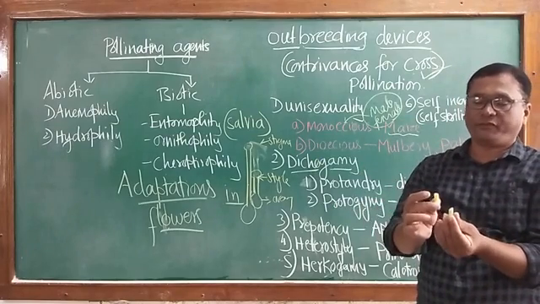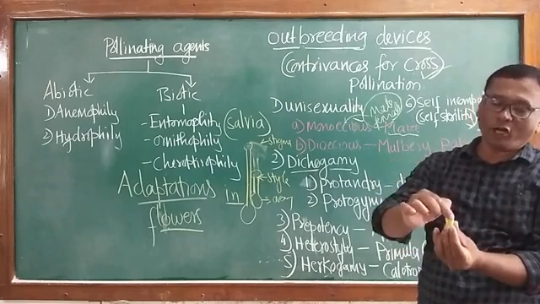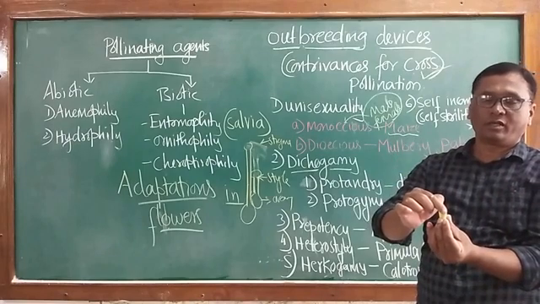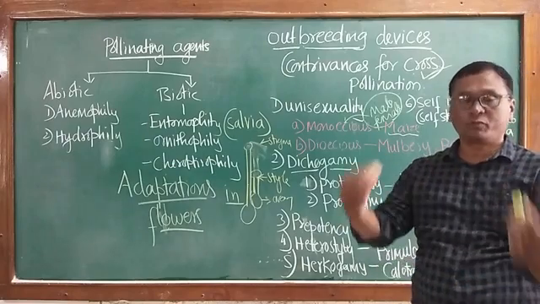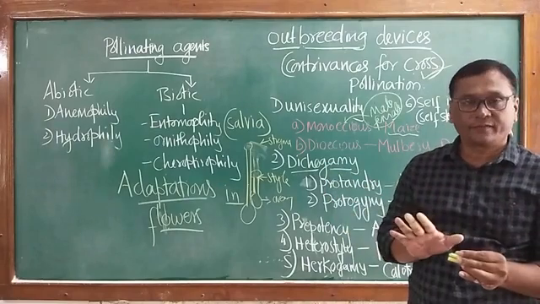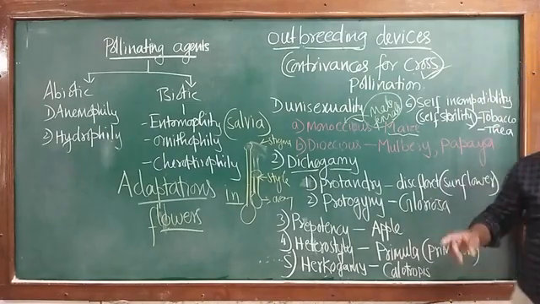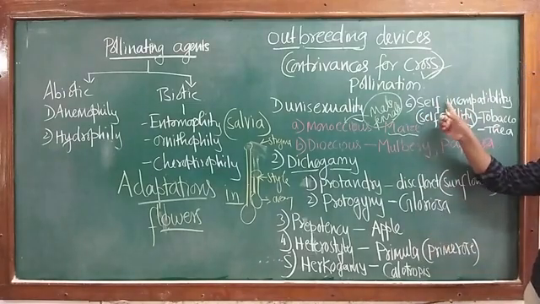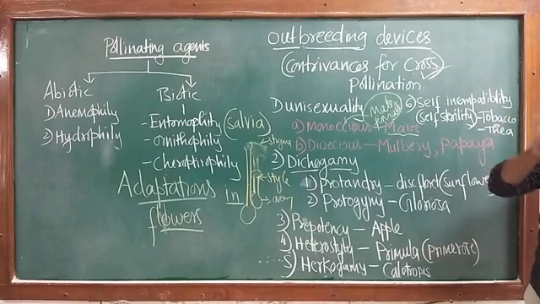But even if they mature at the same time in a flower, and the pollen grains fall onto the stigma, the further germination, pollen germination to produce pollen tube or male gametophyte, does not take place within a flower. This means that the pollen grains of the same flower or same plant are self-incompatible. They cannot germinate on the stigma of the same flower.